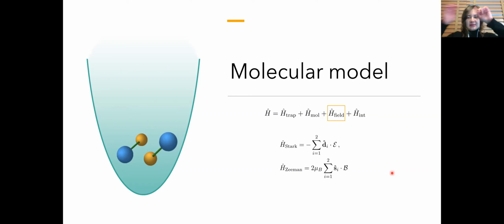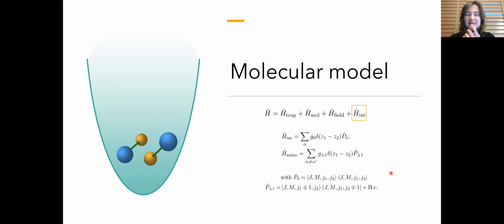With the field, it's pretty simple. We have the external electric field and external magnetic field, and we describe their effect via Stark and Zeeman effects. So this is all pretty basic. Okay, and now the most, let's say, non-trivial part.